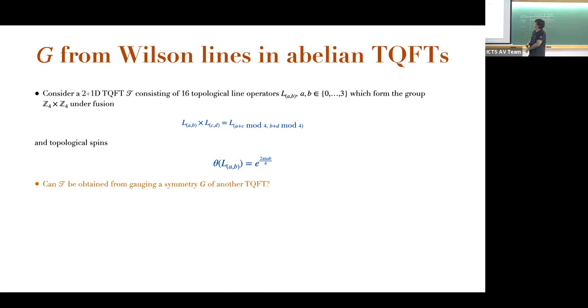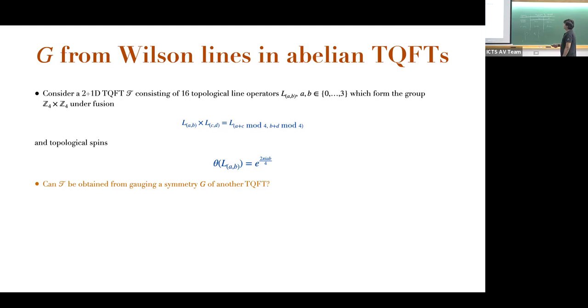Sorry, just one question. There is a constraint that this twist should also multiply. Is that constraint there? The theta AB times theta CD should be the theta of the right hand side. In general, I don't think the twist will multiply. It won't be like a character of the group.